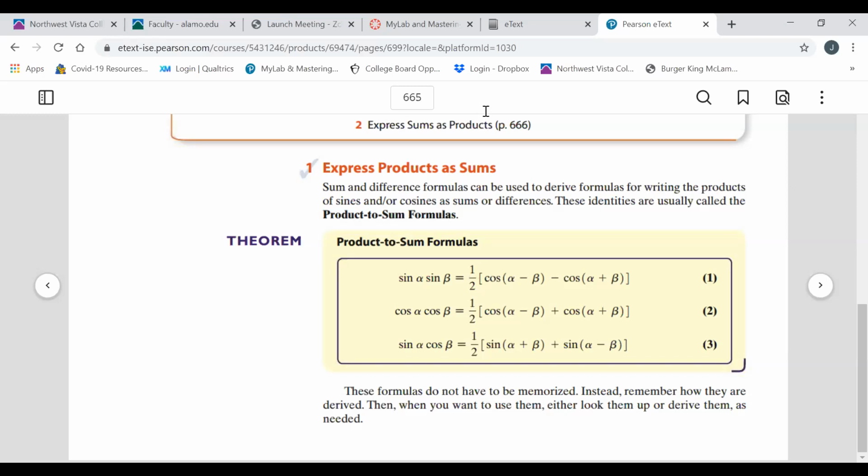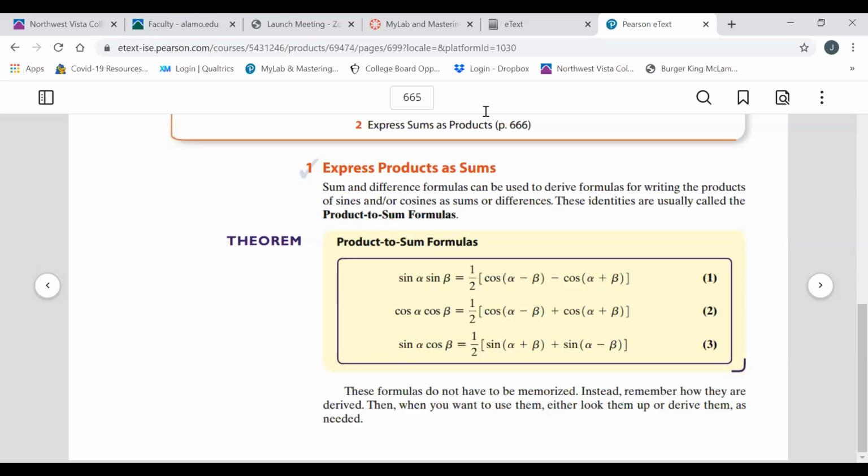So we have sine alpha times sine beta. I'm going to use alpha and beta. I'm going to give it a shot, see if I can correctly draw the alphas and the betas. All right, so the first one equals 1/2 bracket cosine alpha minus beta minus cosine alpha plus beta, close.